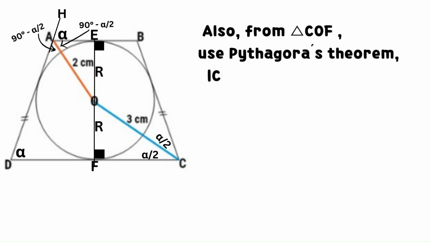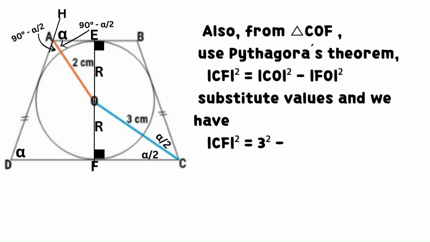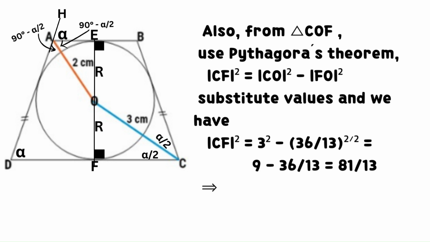Also, from triangle COF, use Pythagoras theorem. The square of CF equals the difference of the square of CO and the square of FO. Substitute values, and we have that the square of CF equals the square of 3 minus 36 divided by 13, which equals 81 divided by 13 after simplification.